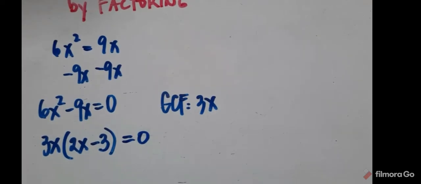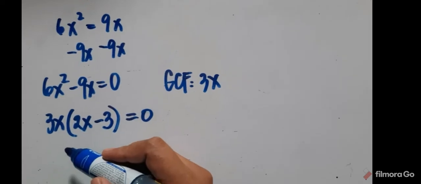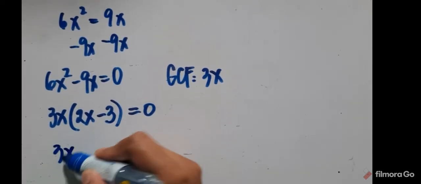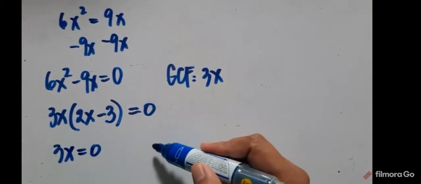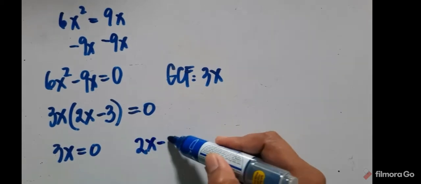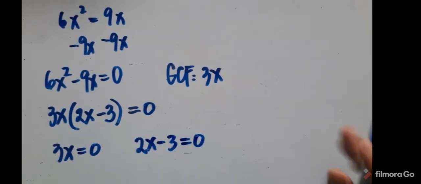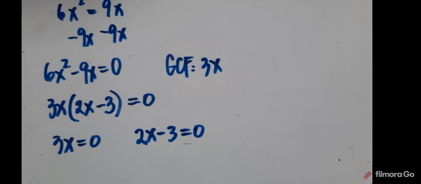Now, after this, we are going to use the zero product property and make these two factors equal to 0. That would be 3x is equal to 0 and another, 2x minus 3 is equal to 0. Then we solve for the value of x.